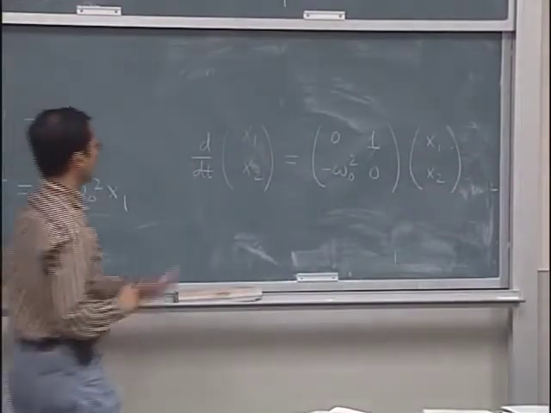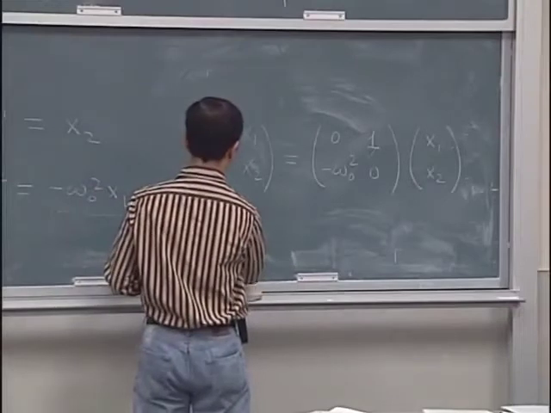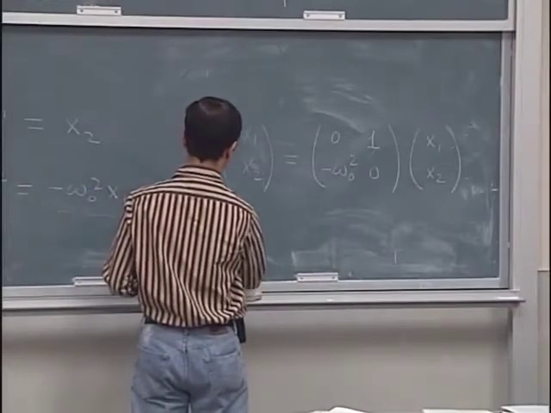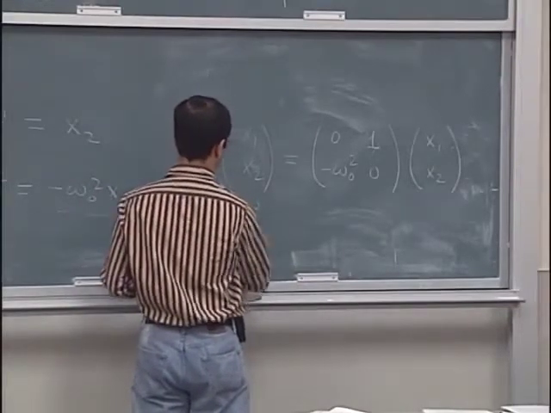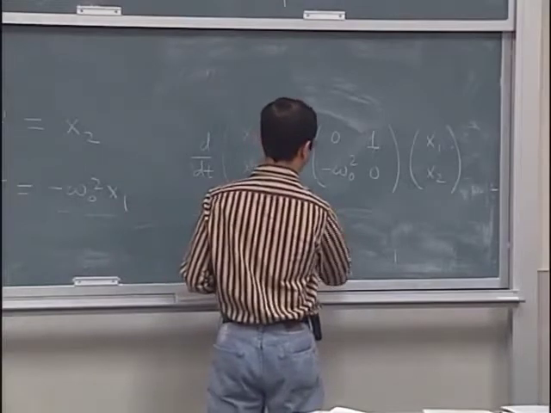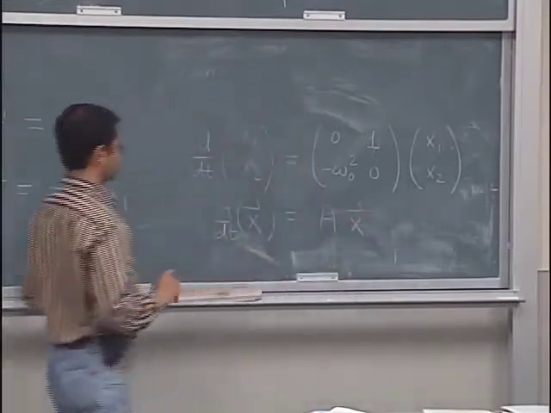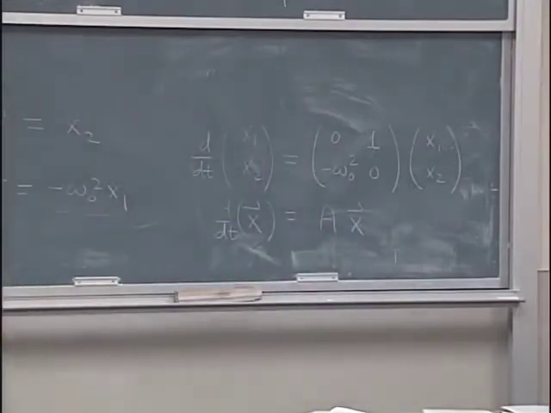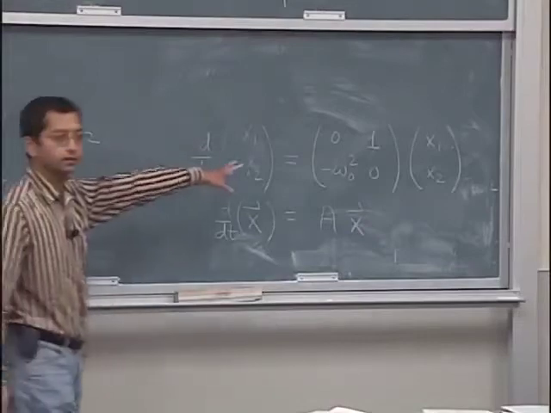Are you with me? Now call (x1, x2) a vector x. So I get dx dt equals A times x. Are you with me here? It's clear? Anyone did not understand?